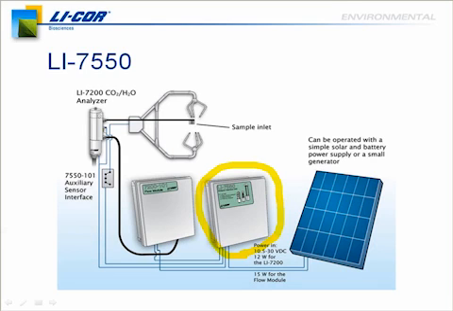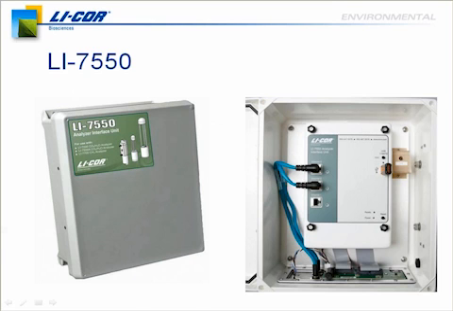Similar to a 7500, we have SDM outputs if you're synchronizing with a Campbell data logger. We have RS-232 outputs. We've got digital to analog outputs, and now we've got more of those. We have 6 now. And also now something new with the LI-7550 is an Ethernet output. So you can attach it directly to a network or to a computer for logging.